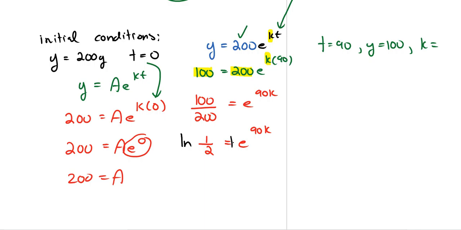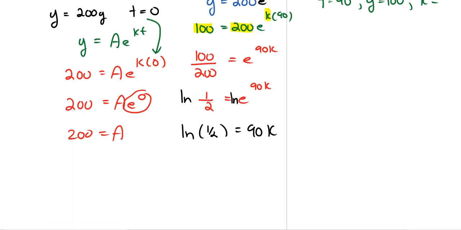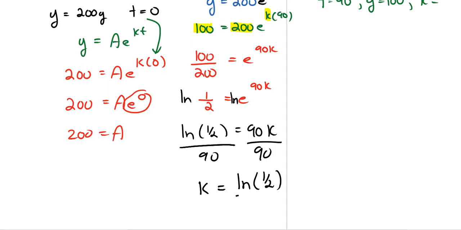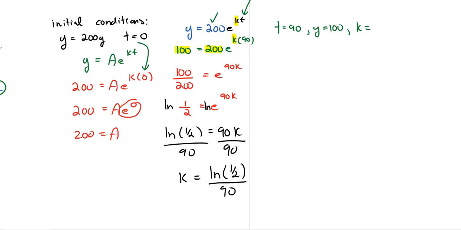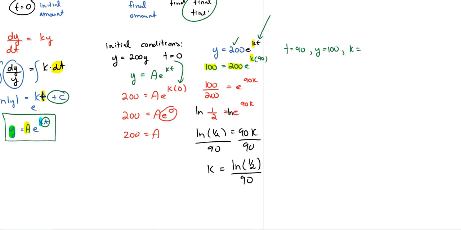So this will be ln of 1/2 equals 90k. Divide each side of the equation by 90. So once I'm done, k would equal ln of 1/2 divided by 90. Okay. All right. So now I go back to my original problem.